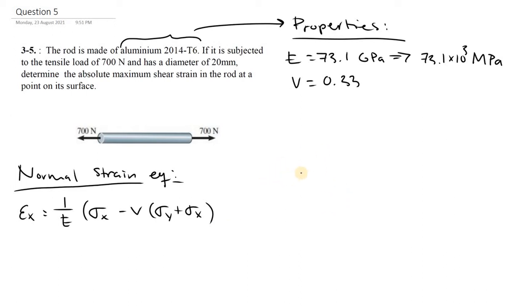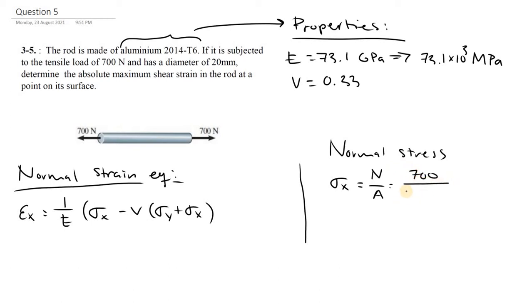If we look at our normal stress, we can find that we only have stress in the x direction, and it's our normal force divided by the area. The normal force is 700.